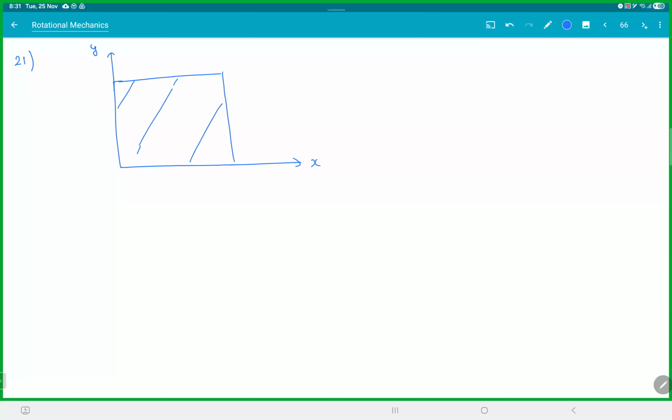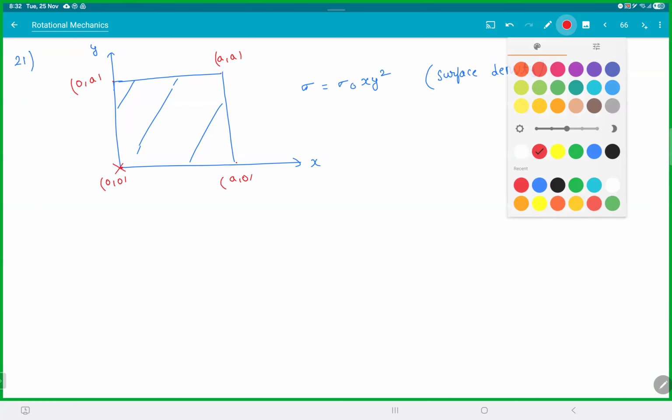It's a square plate where sigma is equal to sigma naught x y square. Sigma is the surface density. This is 0, 0. This is a, 0, and 0, a. So find the moment of inertia about an axis perpendicular to the plate and passing through the origin.